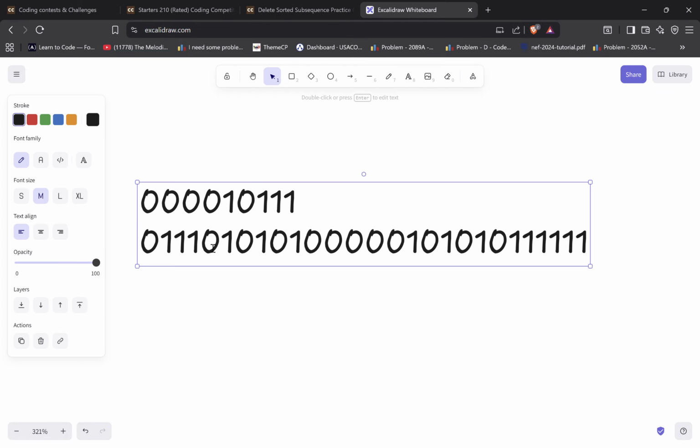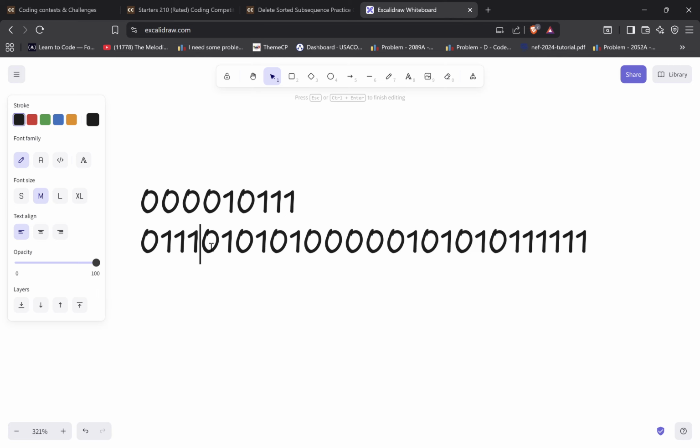Now this 0 cannot get paired up like this. It can only get paired up ahead. So this will be the pairing it will make. Similarly for all of them. We have got till here. Cool.